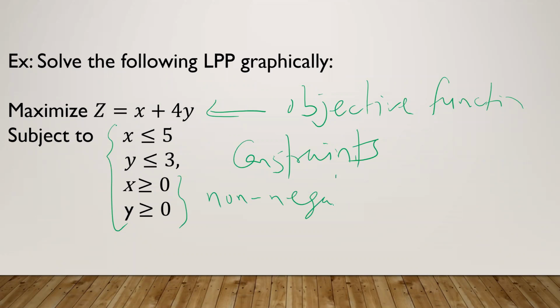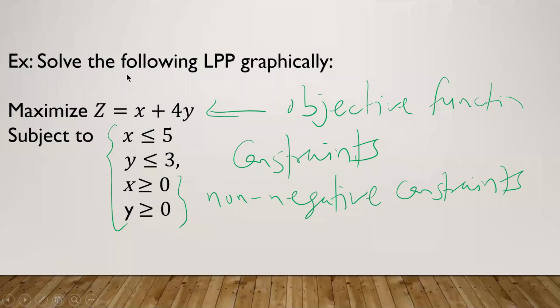Non-negative constraint means x and y values cannot be negative. At the most, x will be either 0 or greater than 0. It can take value 0 or greater than 0. Y also, but not negative. So you will see these two constraints in all linear programming problems.